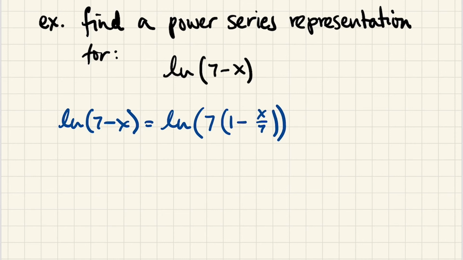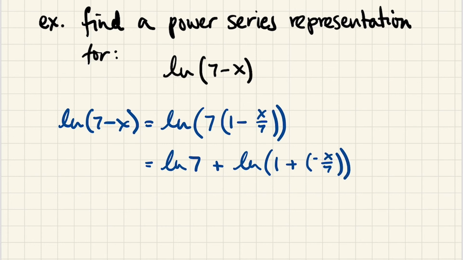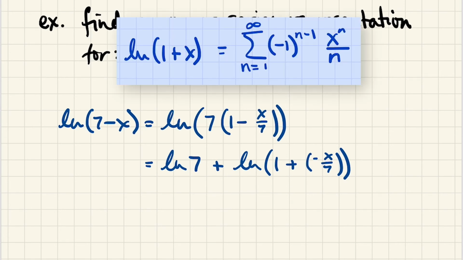And now we can use the properties of logarithms to write ln of 7 plus ln of 1 minus x over 7. Let's actually write that as 1 plus negative x over 7. And that makes our intent very explicit because we have ln of 1 plus stuff, right? We know what to do with that.